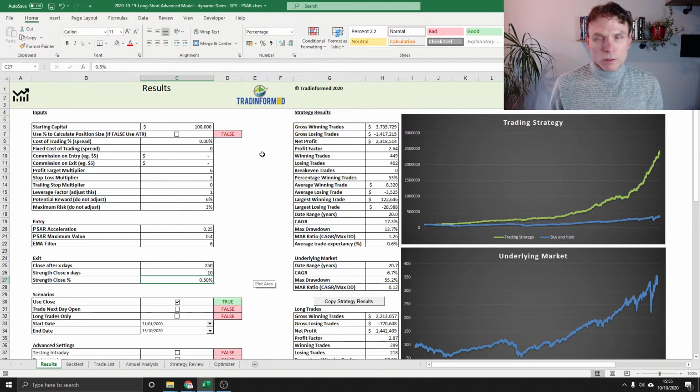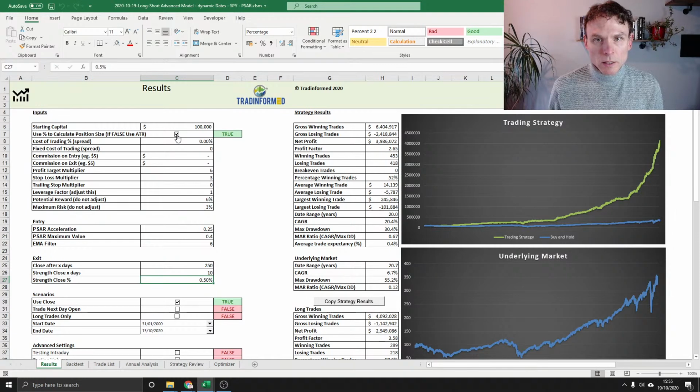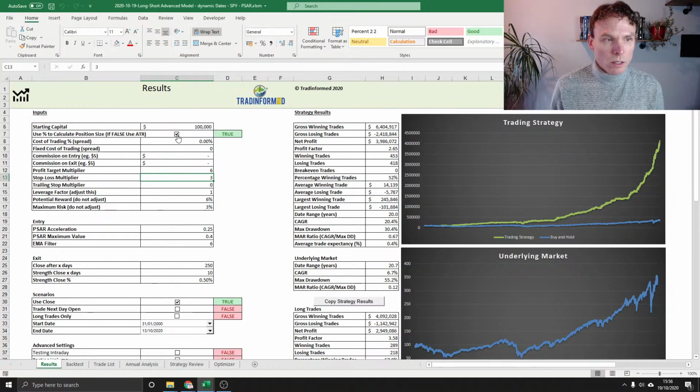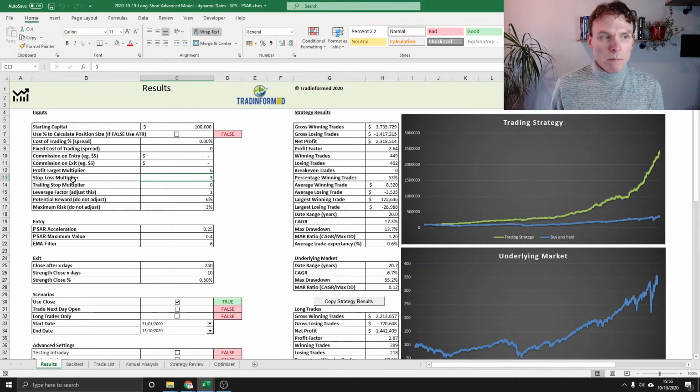Another thing that I want to point out to you, in the myriad of things which can influence a backtest, is that it can make a significant difference how you calculate your position size. So all I've done is toggle on using the average true range. So sizing a position based on the average true range, and sizing a position based on the percentage. And when I say sizing it, I mean we're risking a fixed percentage.